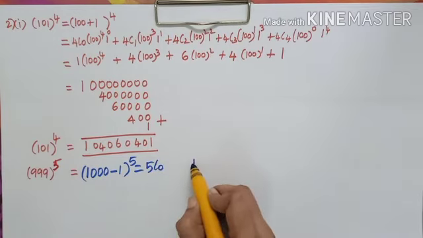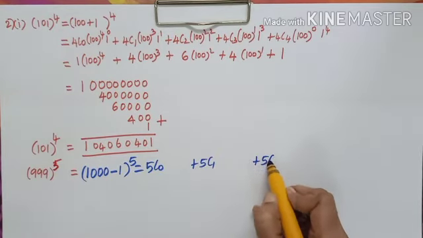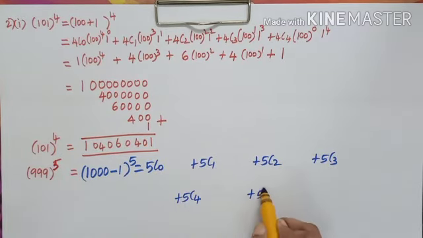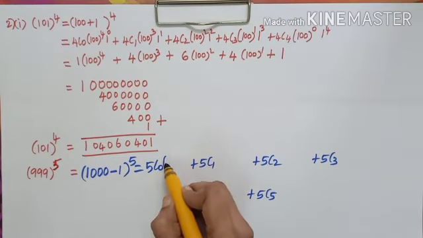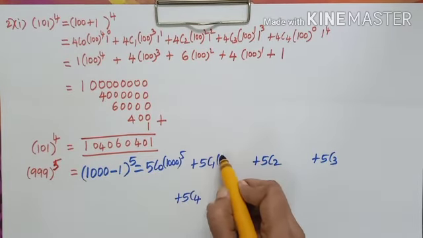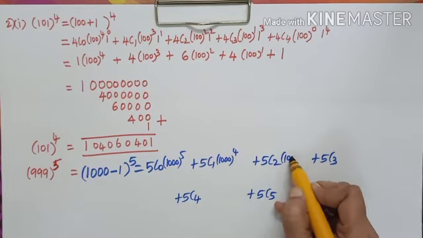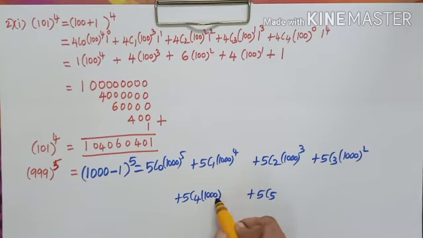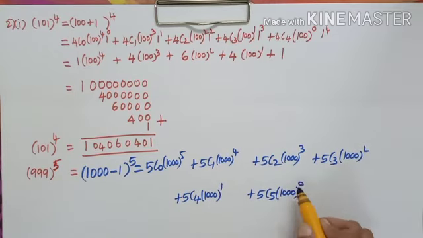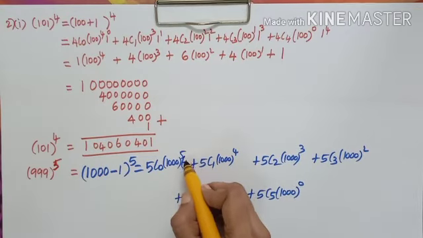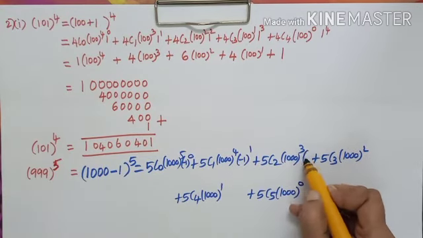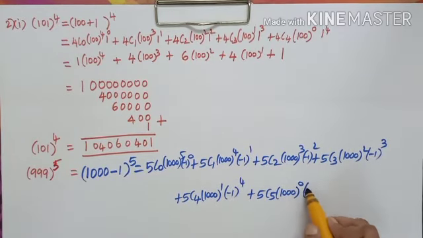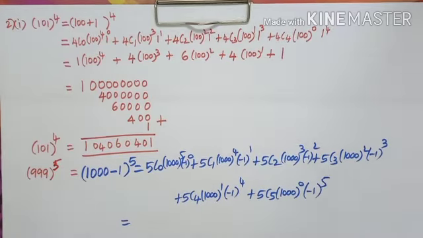We will write 5C0, 5C1, 5C2, 5C3, 5C4, 5C5. 1000 power 5, 1000 power 4, 1000 power 3, 1000 power 2. Like this, write the terms decreasing in power. The second term: minus 1 power 0, minus 1 power 1, minus 1 power 2, minus 1 power 3, minus 1 power 4, minus 1 power 5.